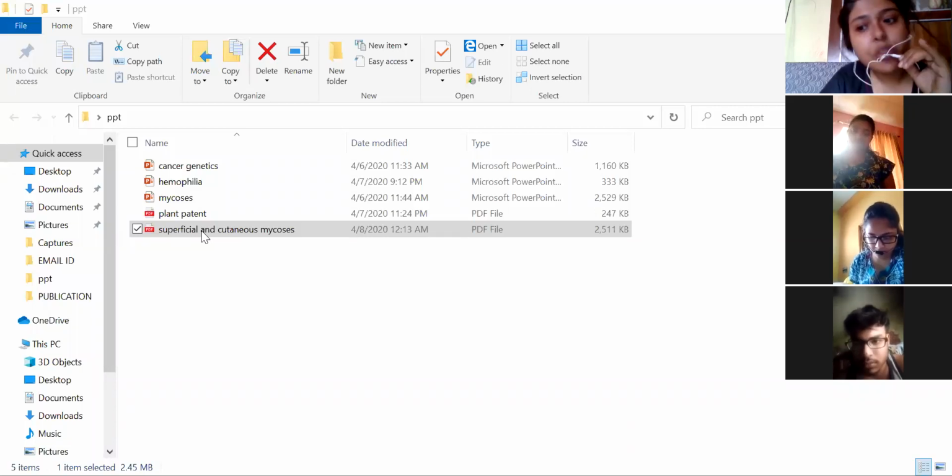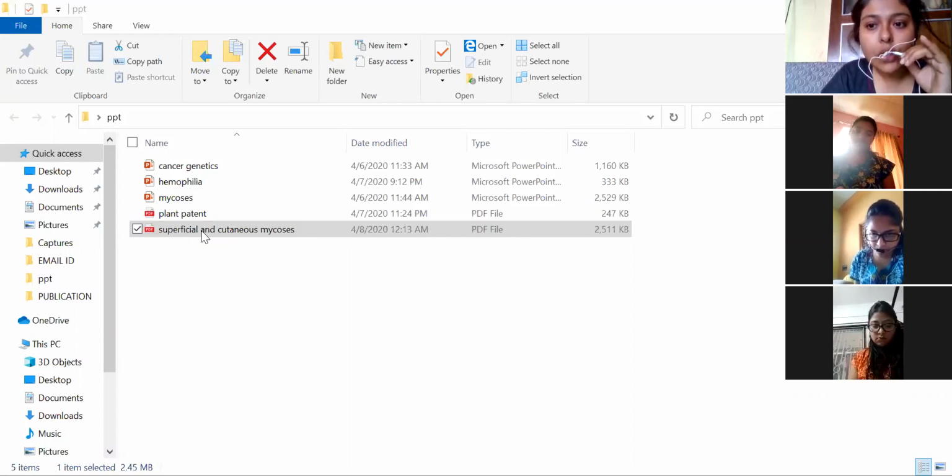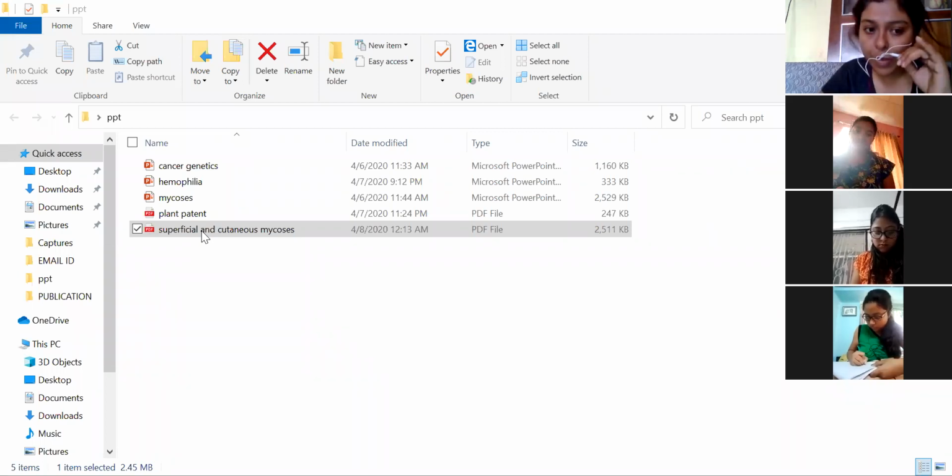Now, as the name suggests, it is superficial mycosis. Superficial means on the surface. Superficial mycosis is limited to the outermost layer of the skin.